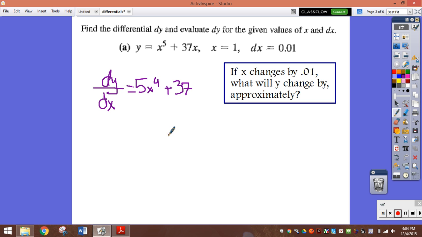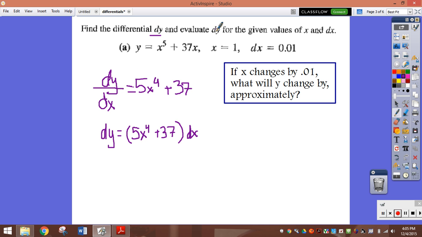And it says find the differential dy. So remember previously the way we got dy by itself is we multiplied both sides by dx. So to find dy, I do the same thing here. And remember, this is a polynomial. So if I'm going to multiply, I need to use parentheses to show that the entire polynomial is being multiplied by dx, not just the 37. And then finding dy is as simple as that. It's basically finding the derivative and then putting dx at the end. So that's the first part.